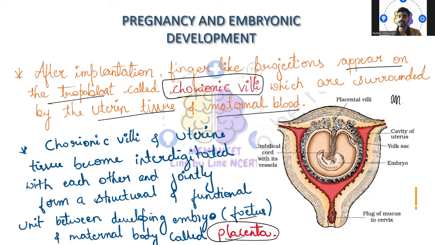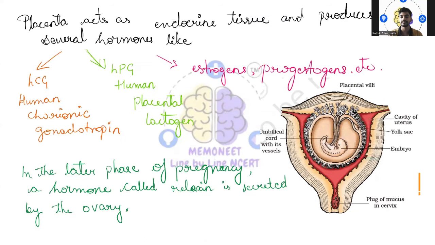We normally call it the placenta. Why is the placenta very important? Because it acts as an endocrine tissue and produces several hormones.